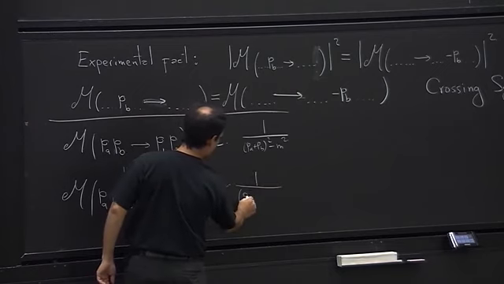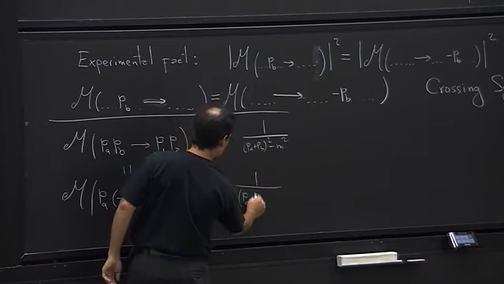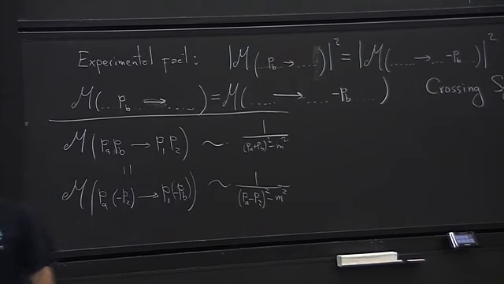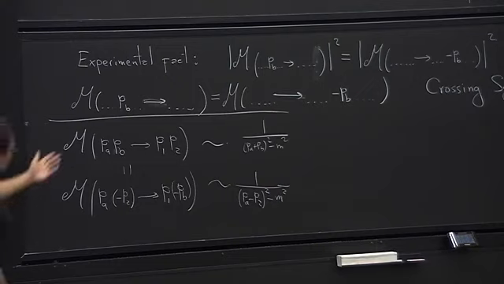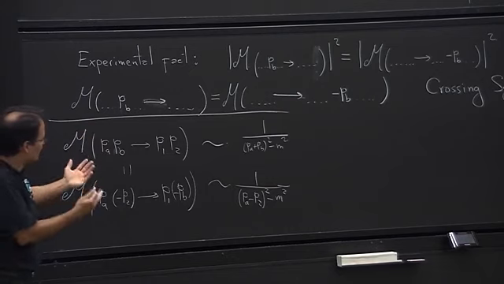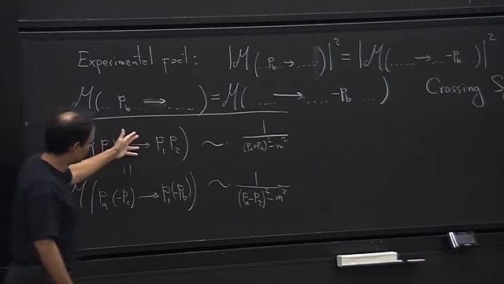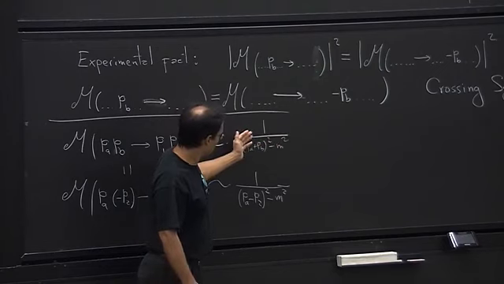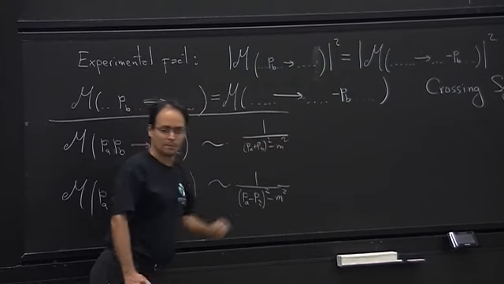It should have a pole at PA minus P2 squared minus M squared. How about that? The same function should have these two poles. It's the same rational function. So somehow this guy, when we compute it, should have this pole, but it should also have this pole.